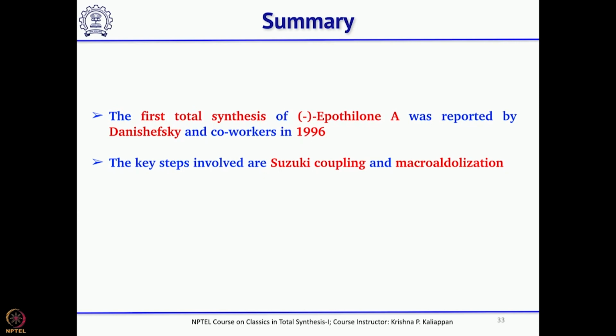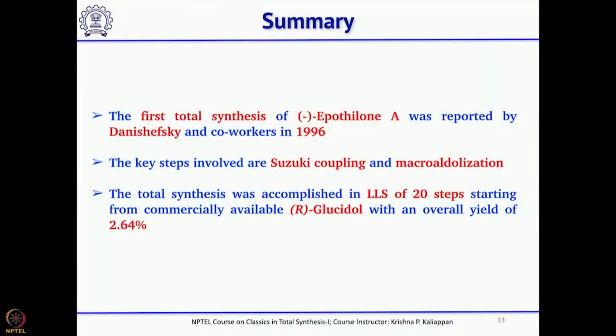So, that is not easy. Actually, macroaldolization is a risk-taking reaction for doing such a complex total synthesis, but somehow he succeeded in the macroaldolization to complete the total synthesis of epothilone A. Overall, it took about 20 steps starting from R-glycidol, and yield was close to 2.6%.